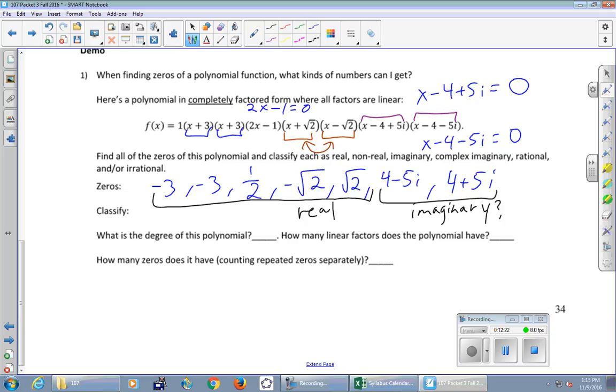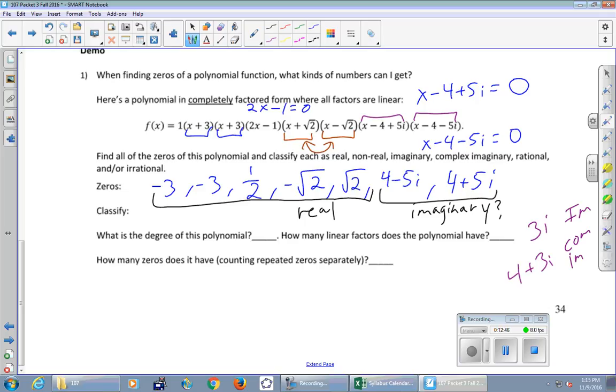I think that the answer we're looking for here is complex imaginary. And it's possible that when we say imaginary number, we mean only something like 3i and not 4 plus 3i. That's my guess, that we're calling this guy a pure imaginary. It doesn't have the real number part separately. And that this one maybe is the complex imaginary. That I don't know. Okay, so those are fine.